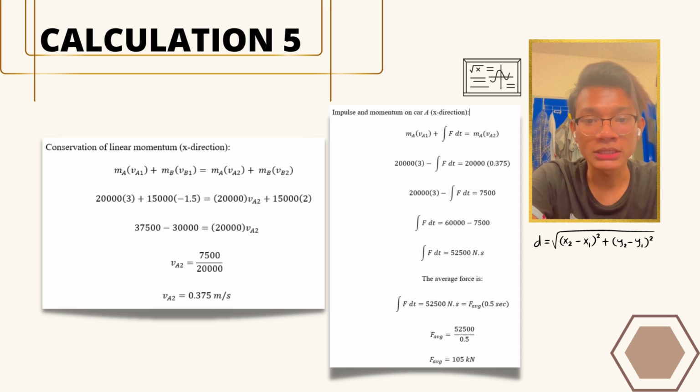Then, by simply inserting all the information and solving it, we will get the answer, which is 0.375 meters per second. Next, to find the impulsive force, we will use the formula MA (VA1) plus the integral of F dt equals MA (VA2). By using the answer from VA2 and solving it, we will get the answer, which is 105 kilonewtons.